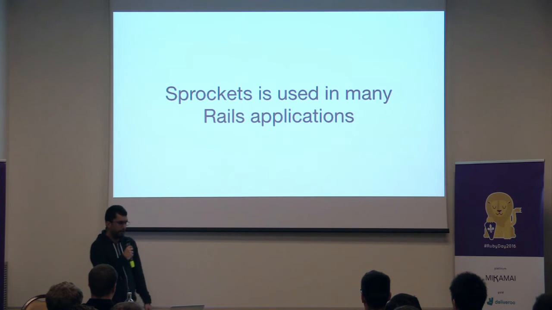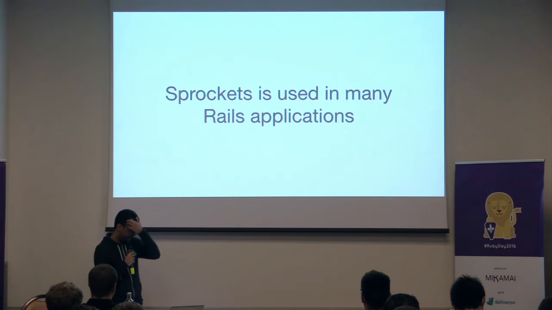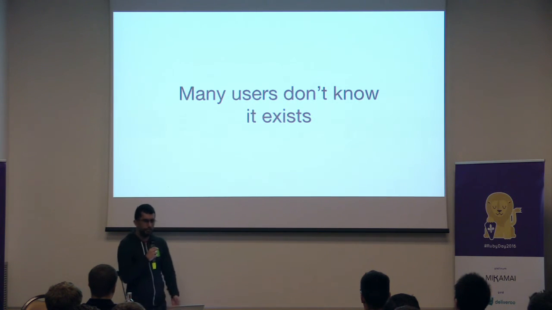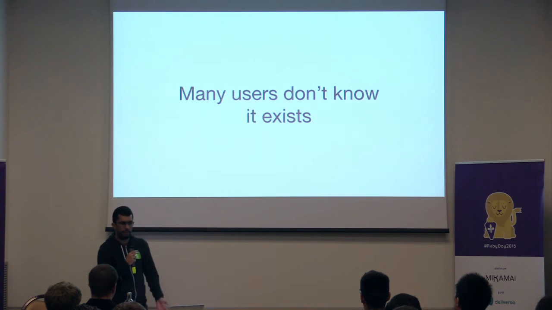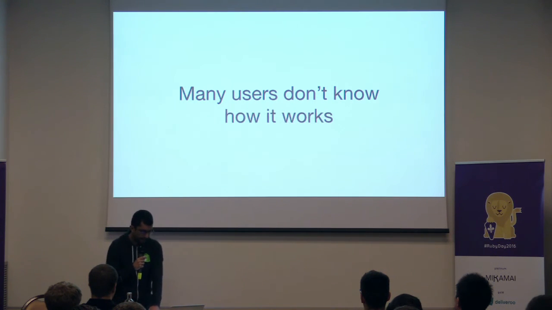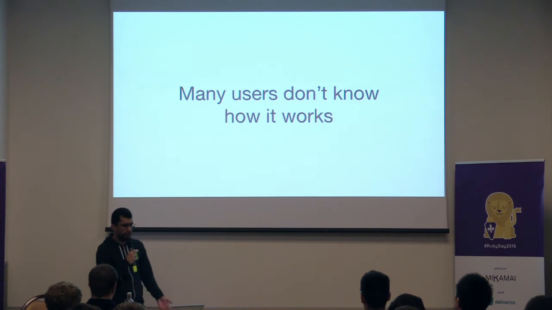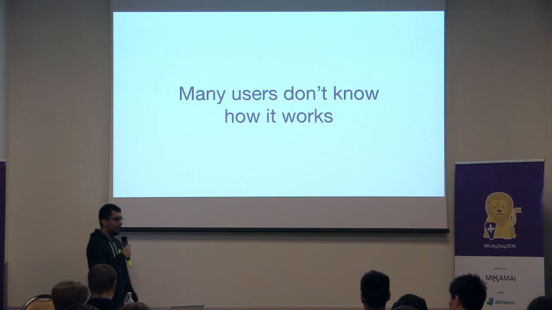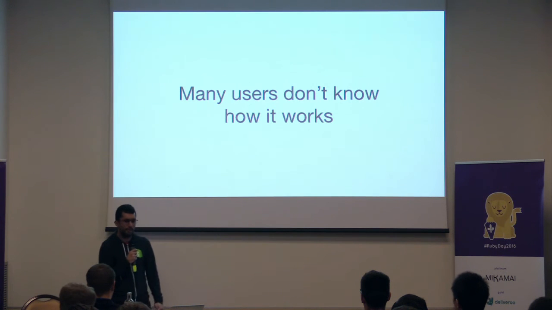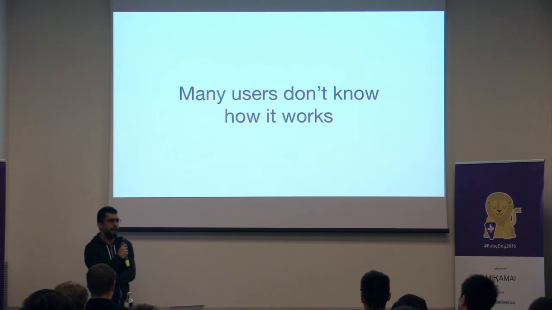So Sprockets is used in many applications, but many users do not know it exists at all. And many users do not know how it works. This talk is kind of a try of the Rails core team to explain better how the asset pipeline works.